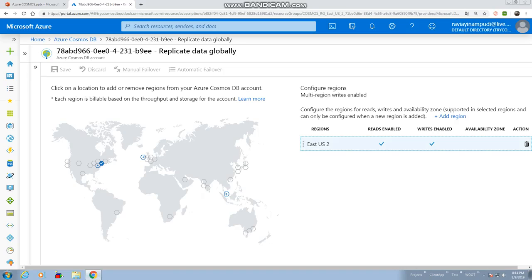So you might be wondering, where is this East US 2? The highlighted location is East US 2, and all the locations in hexagon shapes represent the data centers distributed across the globe.